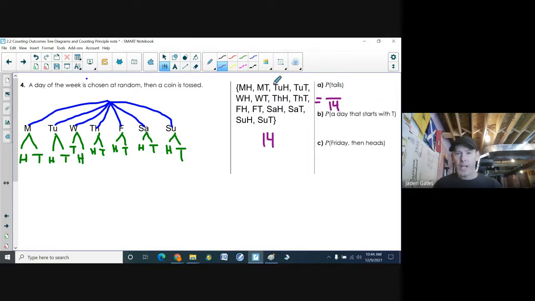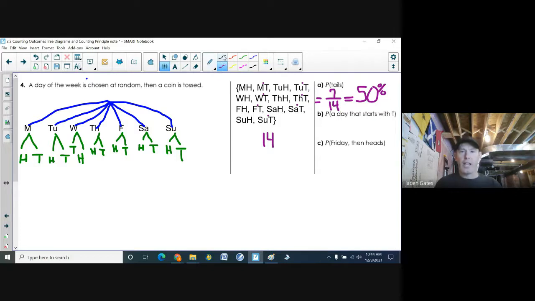Now, how many have tails in there? I've got 1, 2, can't get confused by the days here, 3, 4, 5, 6, and 7. And again, converting that to a percentage, 7 out of 14 is half, 50%.